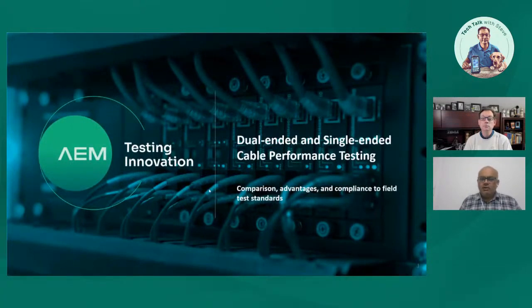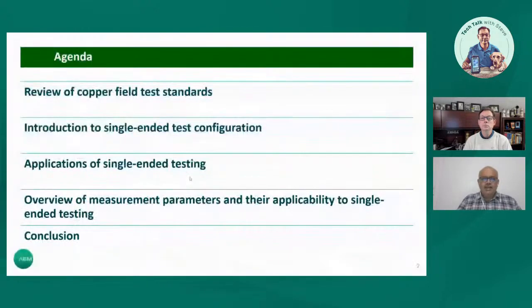So when we talk about dual-ended testing, it is Test Pro certification test, and single-ended cable performance testing is Qualification Plus with our Network Service Assistant. Today I will walk you through some of the important similarities and differences between these two types of testing.